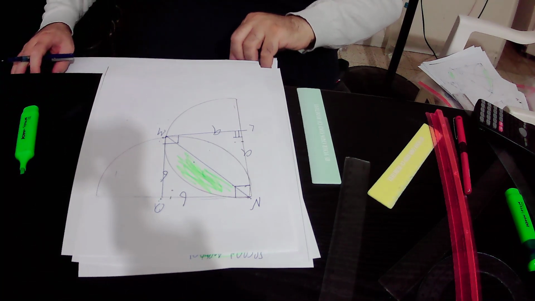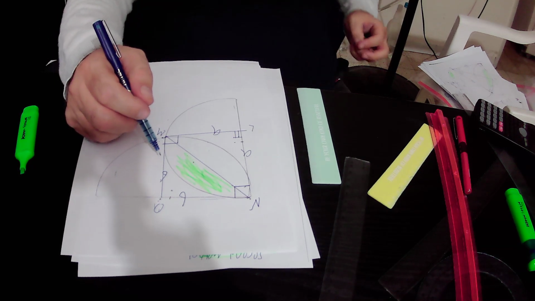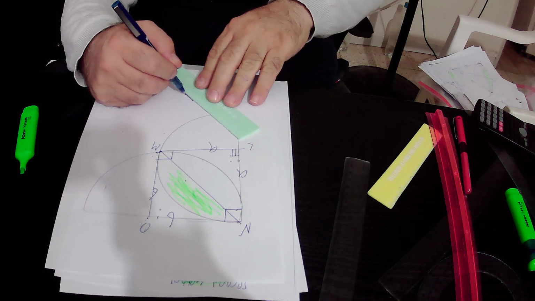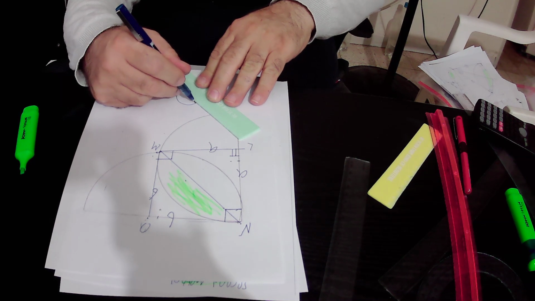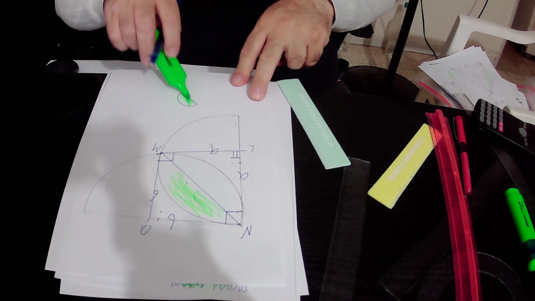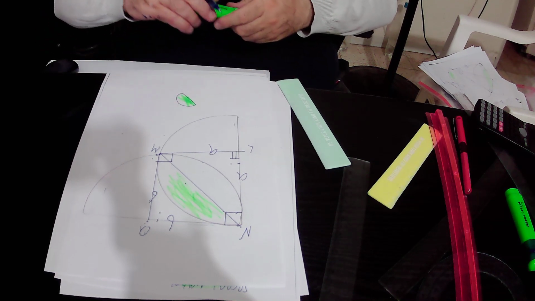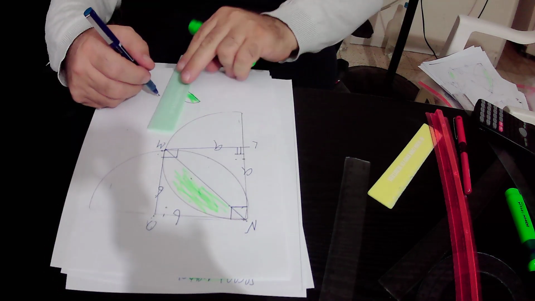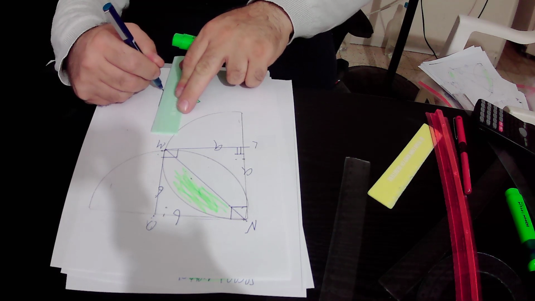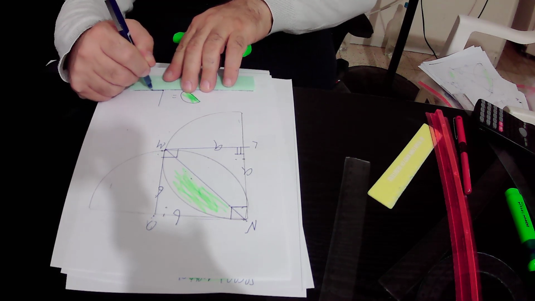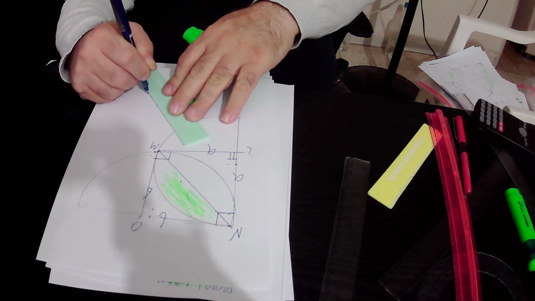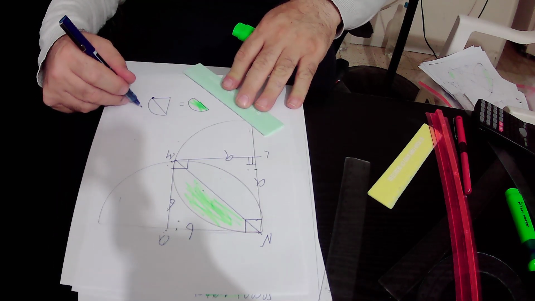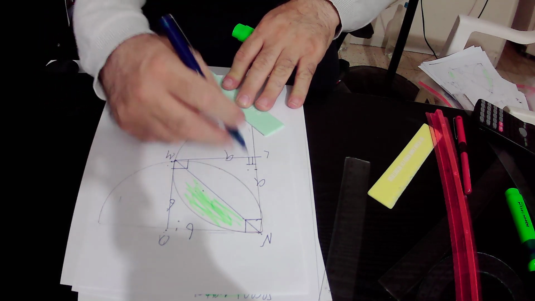So the area of this circular segment NM will be equal to the area of sector NLM minus the area of triangle NLM.